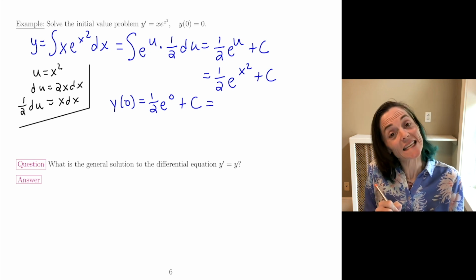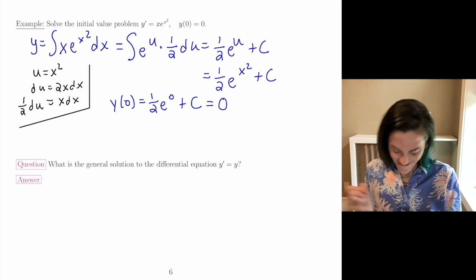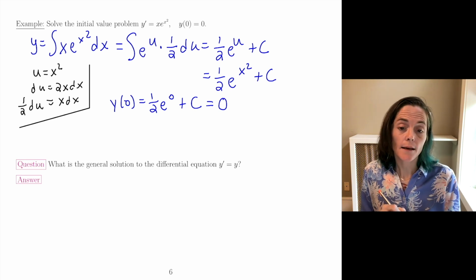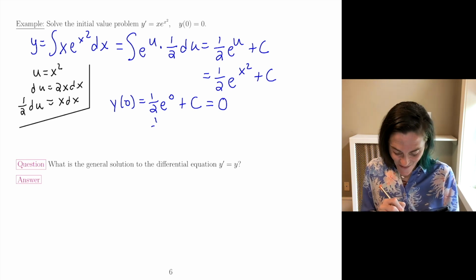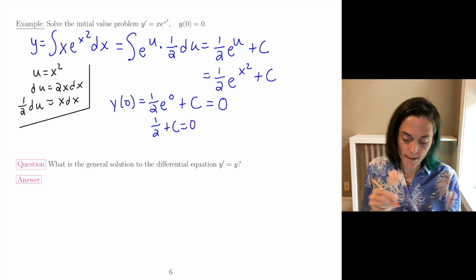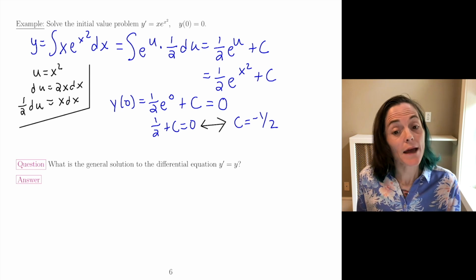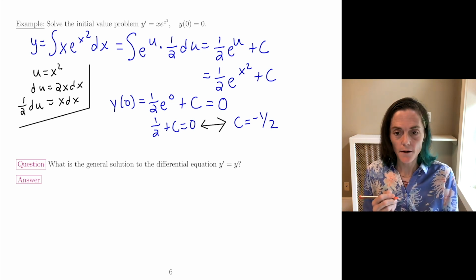Well, we want this to equal 0. Okay, you see, e to the 0 is just 1, so we have 1/2 plus c equals 0. Now we see the answer. My constant is -1/2. Okay, I'm ready for my final answer here.